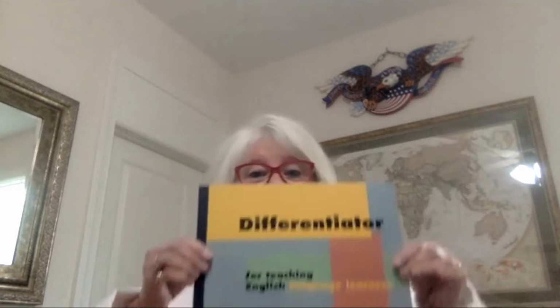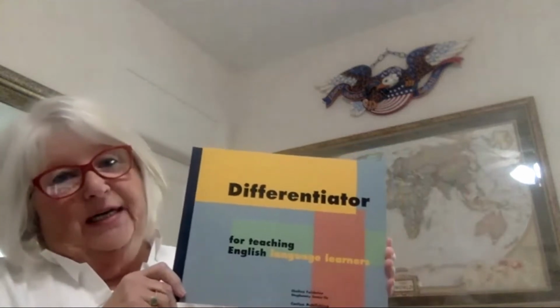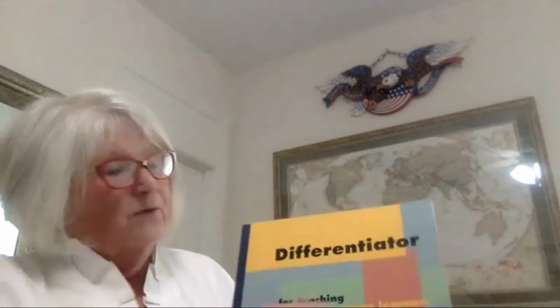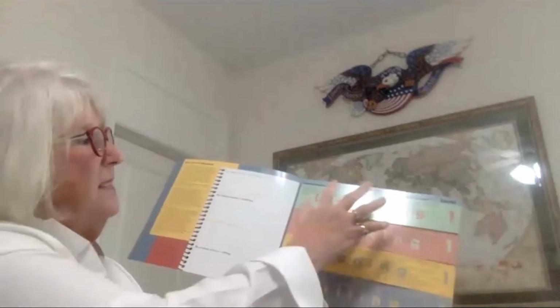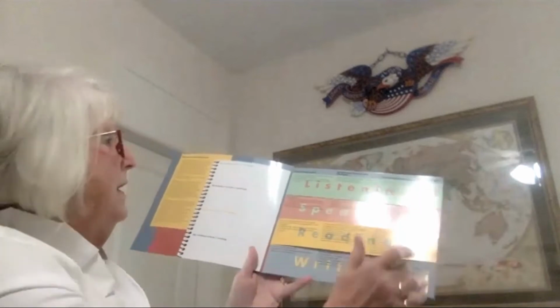This second edition is now accompanied by a development in the poster, which is called the differentiator. This is everything that was on the poster, but in a format which is manipulative. So you can open it, and here you have a student represented, and these are the domains: listening, speaking, reading, and writing. And this is all for level 1.